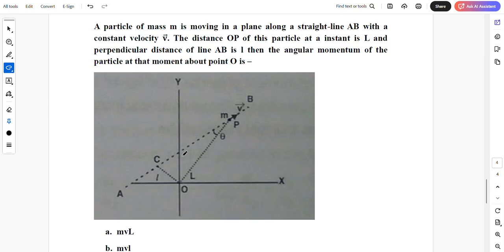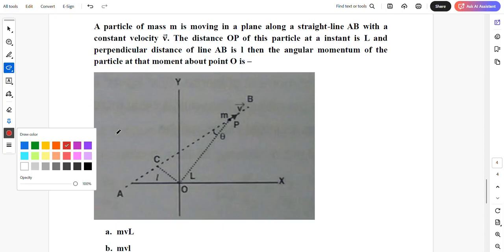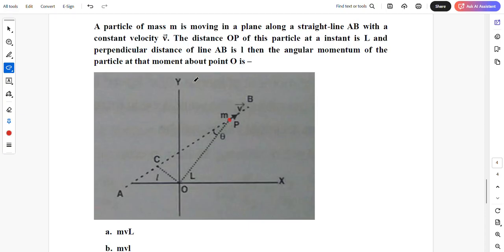A particle of mass m is here. Okay, the particle of mass m is moving in a plane along a straight line AB, like this. From here it is moving like this, with a constant velocity vector v.